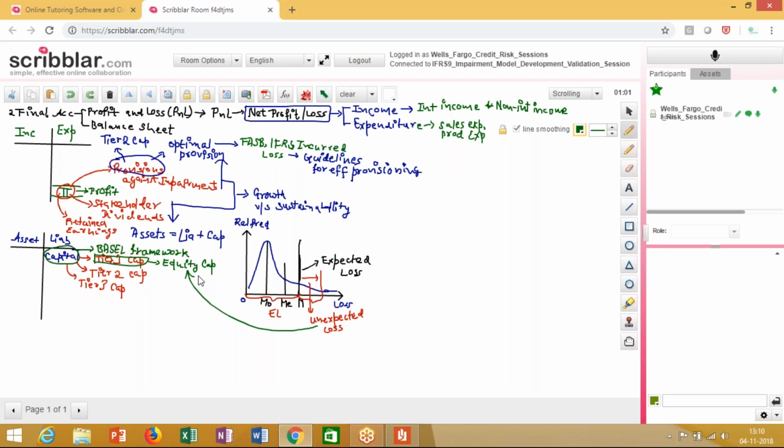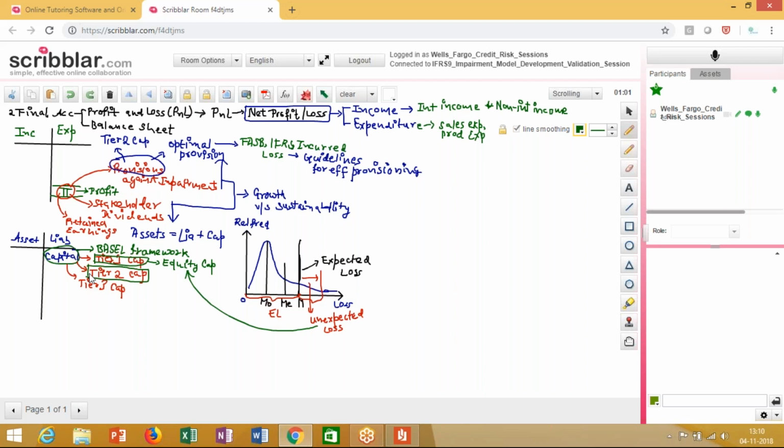Now comes tier 2 capital. What type of capital is tier 2 capital? Tier 2 capital is a kind of subordinate or estimated capital. This capital comprises estimated losses, and one of them is the provisions or allowances for loans and lease losses. Given that these are all estimated capital, they are not actual, not the purest capital.